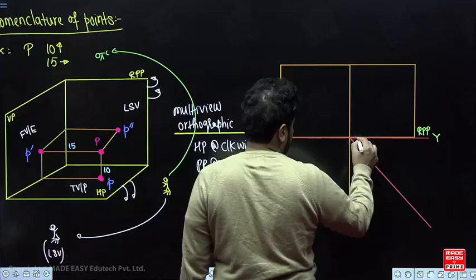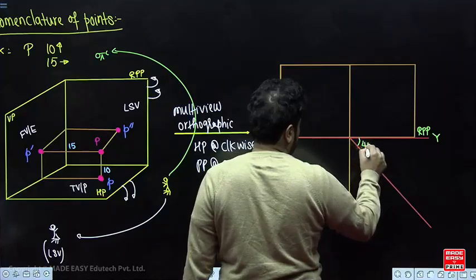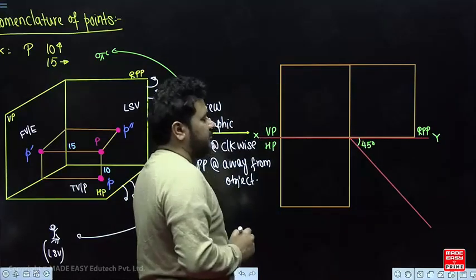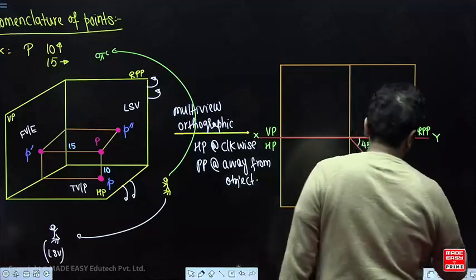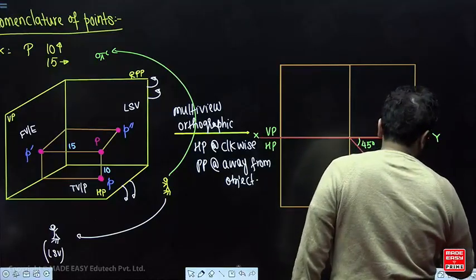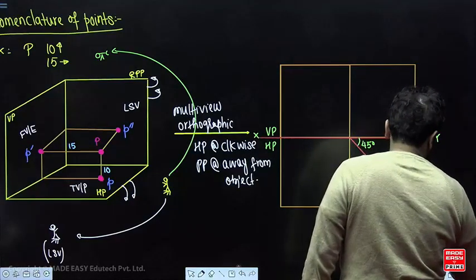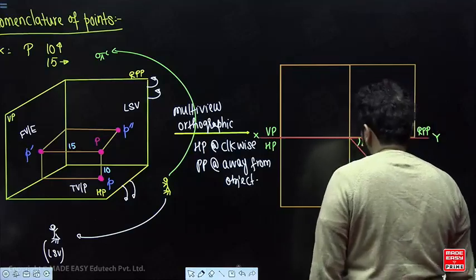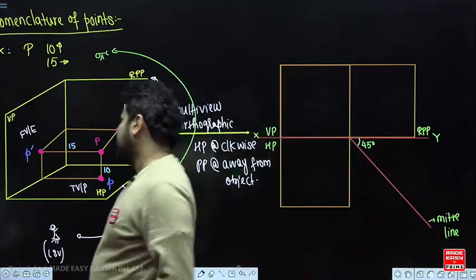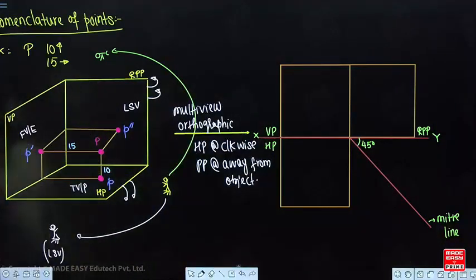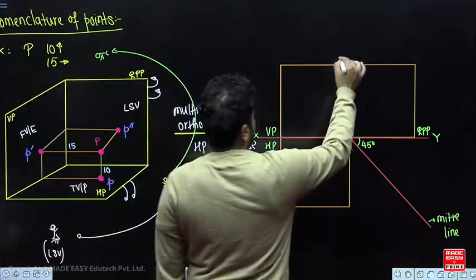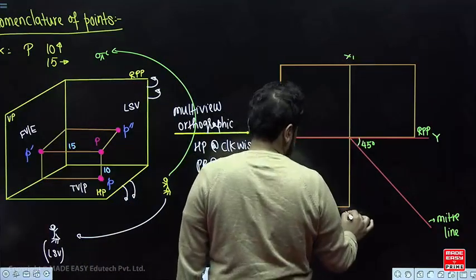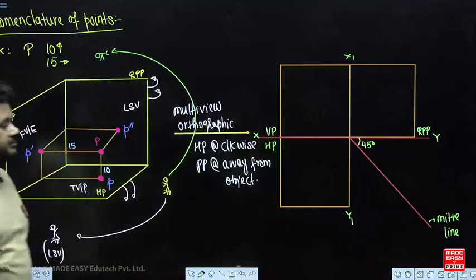So this is a miter line. I will tell you why we use 45 degrees in the projection of point, and what the utility of this miter line is. So this is XY, and this is X1 Y1. Clear till here?